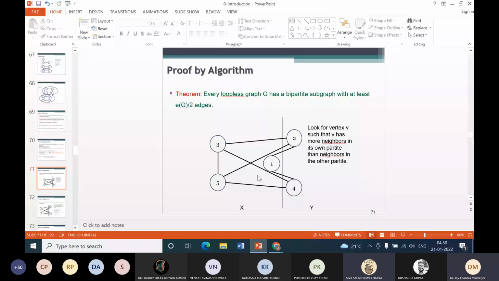And now it says that the bipartite subgraph is obtained as follows. Look into this partite Y. If there is any edge within this partite, you remove it. Then you look into partite X and check whether there is any edge within this partite. This edge is there, so you remove it. Now you get a bipartite graph.